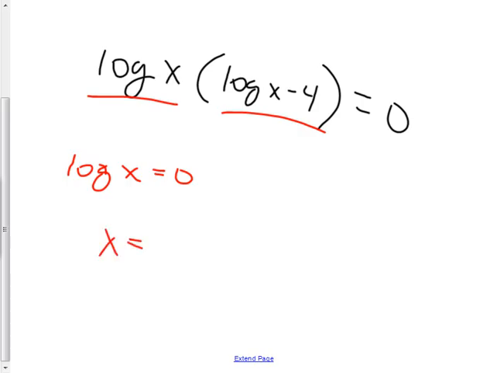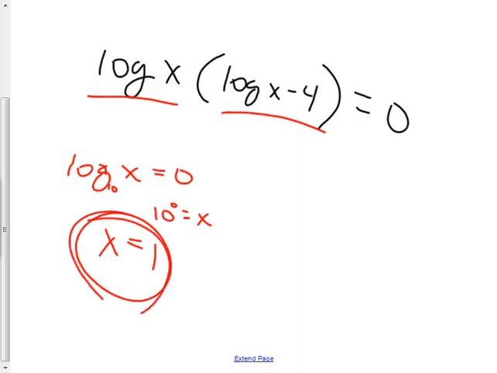What's x equal to? 1. Because there's a little base 10 here, and 10 to the 0, I'm rewriting it now, equals x, and 10 to the 0 is really 1. Do you get how this is 1?